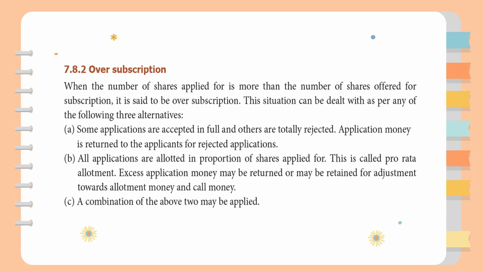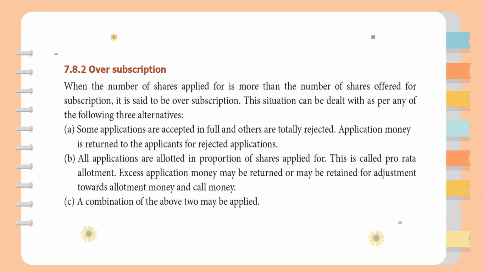In the second one, they have received more applications, so they will allot in a proportion. Suppose, for example, a person has requested 100 shares, he may be given 60 shares. They may have some ratios, proportions.